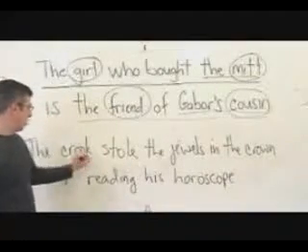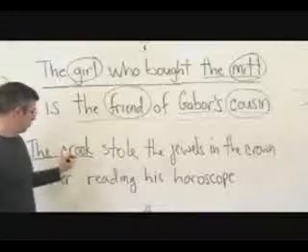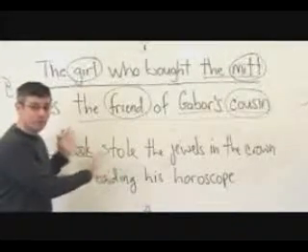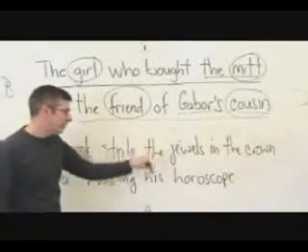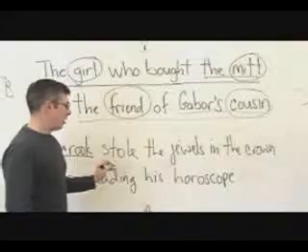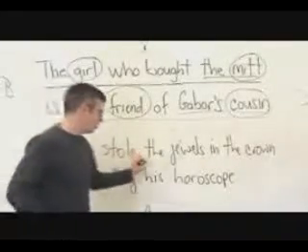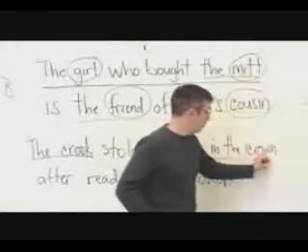Well, who stole? The crook. That's who stole. So crook would be the head, and this is just a two-word nominal phrase. It's as easy as they come. He stole what? What did he steal? Now, one thing is you have to say, well, where do you stop? He stole the jewels. Which jewels? The jewels in the crown.